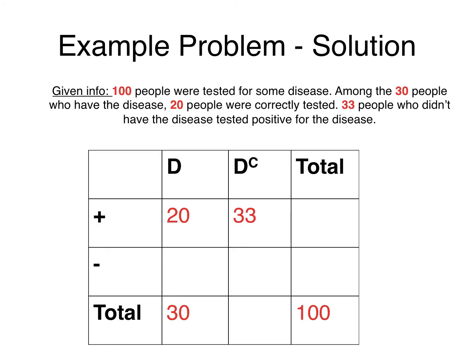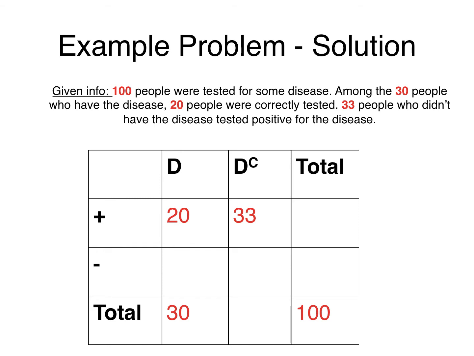So the first thing we should do in approaching a question like this is write out what we do know. So the easiest way to approach it, the next step in this situation, is to draw a 2x2 table with disease status on the top and test status on the left, and then fill in the information that we know.